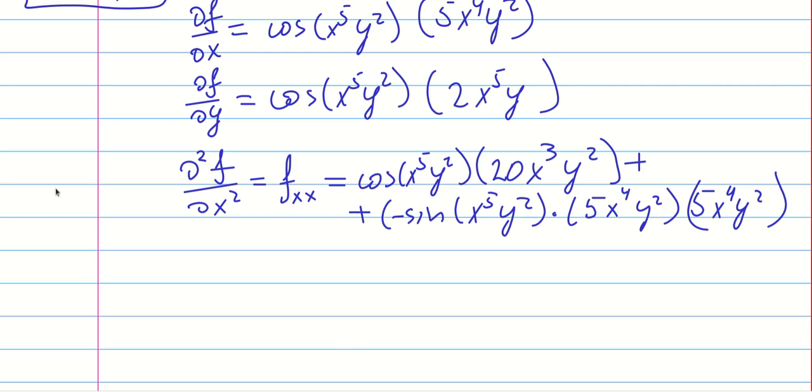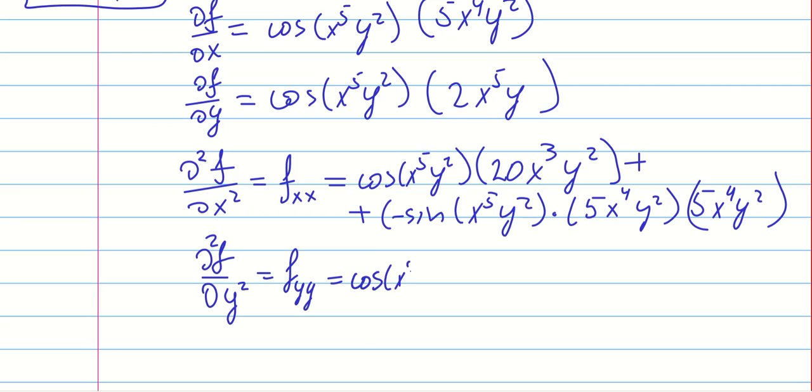Right? But we can also do the same with y. We can calculate the partial of f with respect to y one more time. So we're going to get f sub yy, right? So we take the derivative of this function over here.